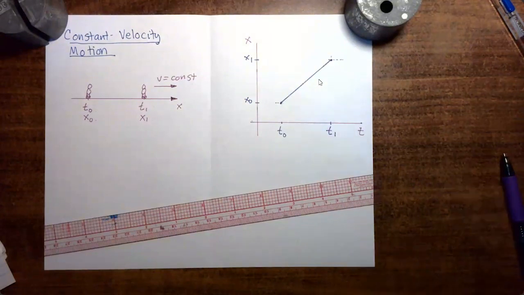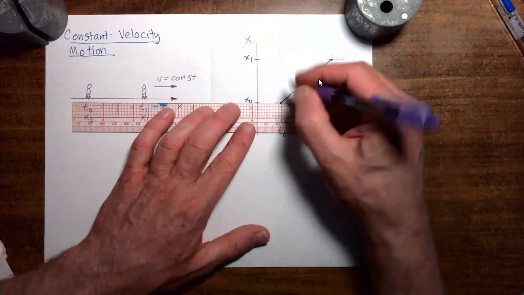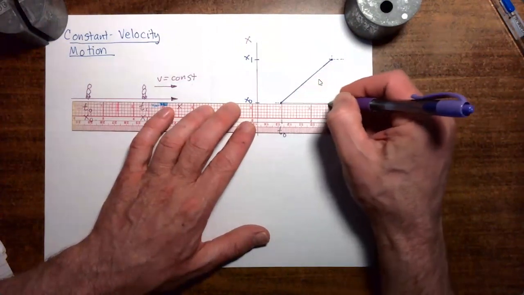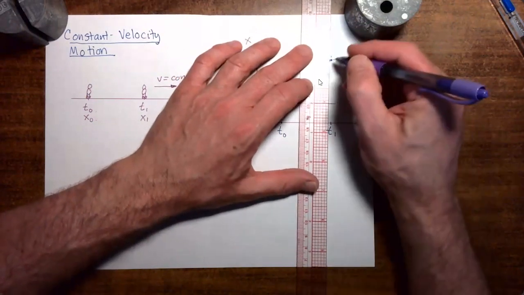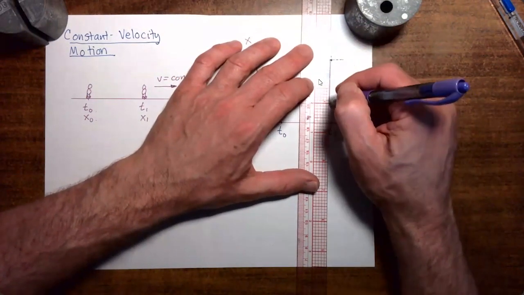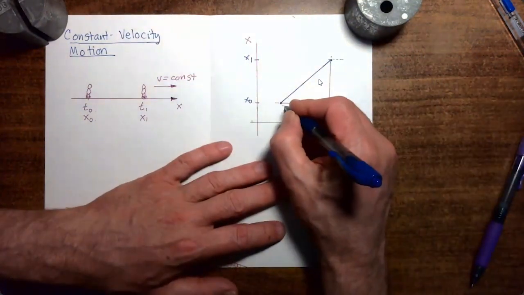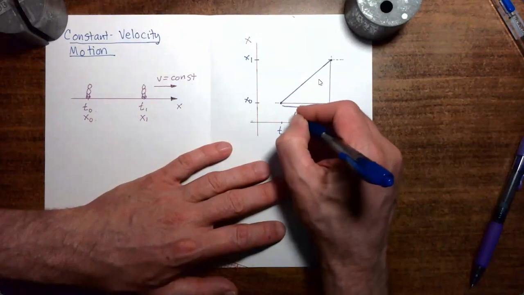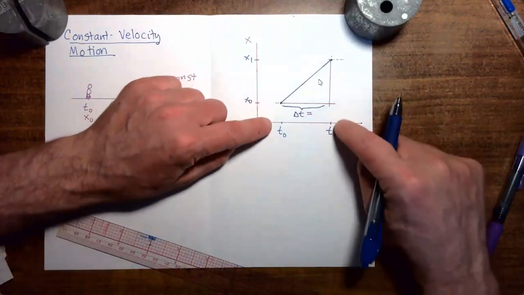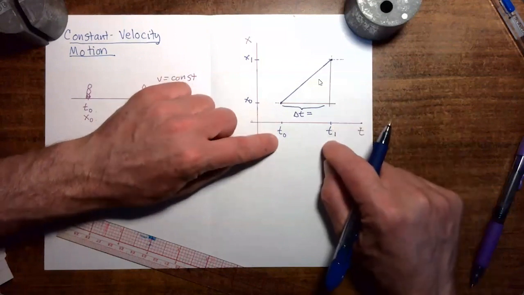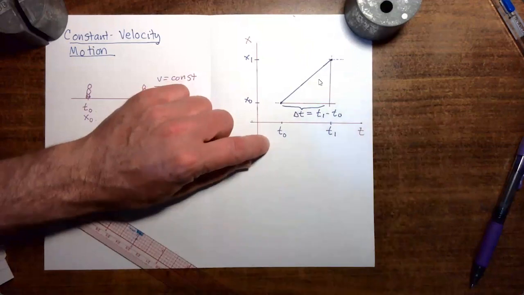And now let's find the slope of this plot using rise over run. So I'm going to draw a slope triangle. Right, now the horizontal leg of the slope triangle represents the change in time, and that would be the difference between this time and this time, namely t1 minus t0.